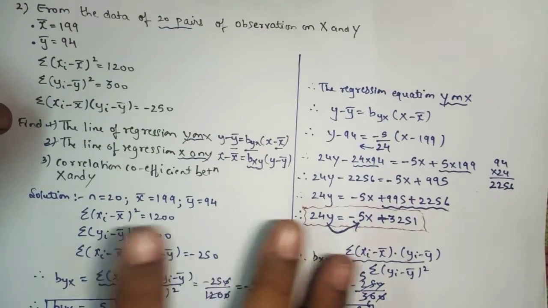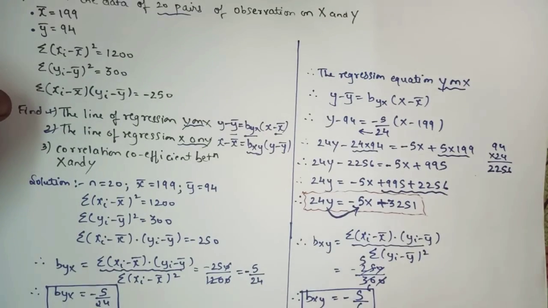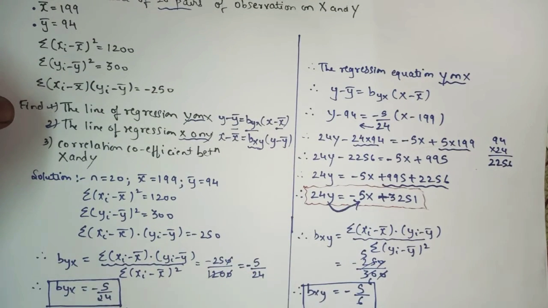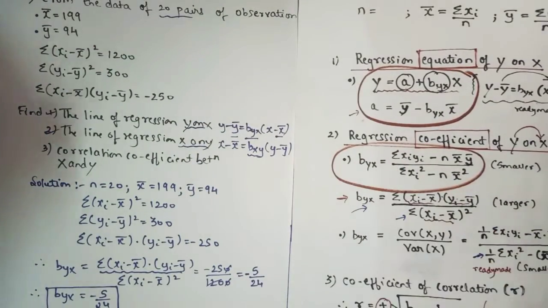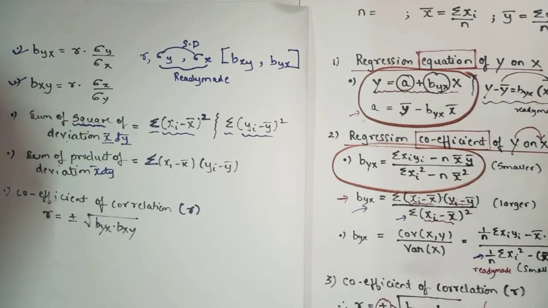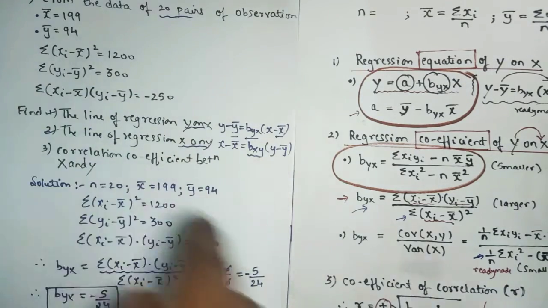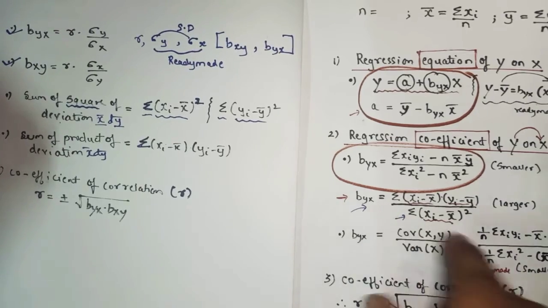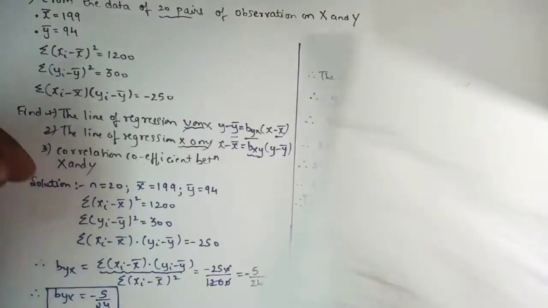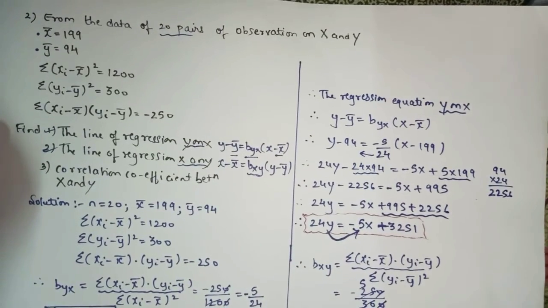The challenging part is to guess the proper formula of byx which will come. Yes or no? As we saw, for bxy and byx there are 4 formulas. As per the condition of the second one, we got the idea that we have to apply the second one. I hope you all understood the second sum also.